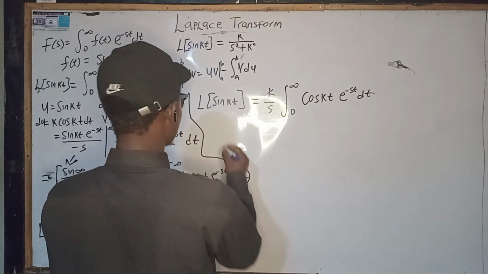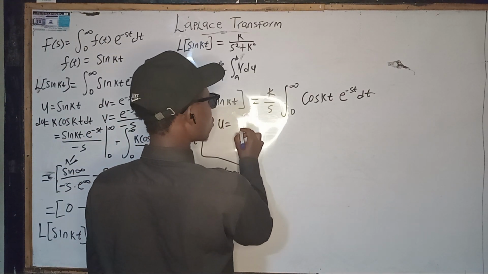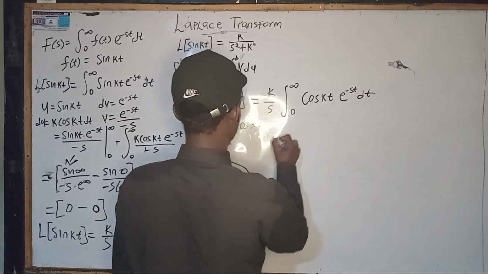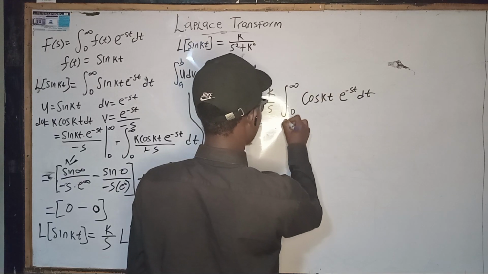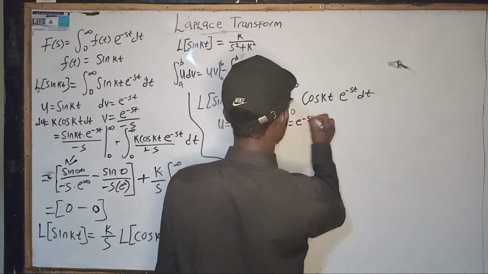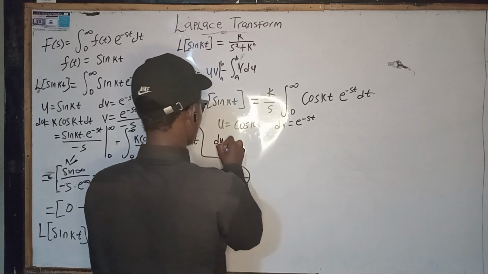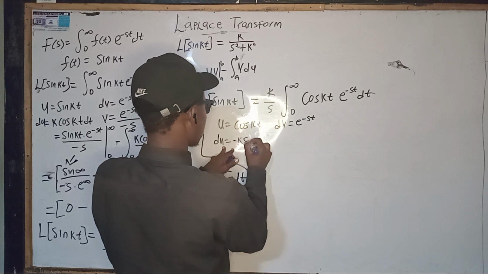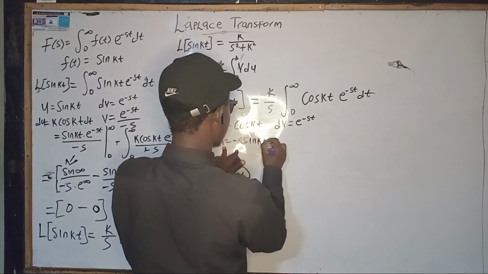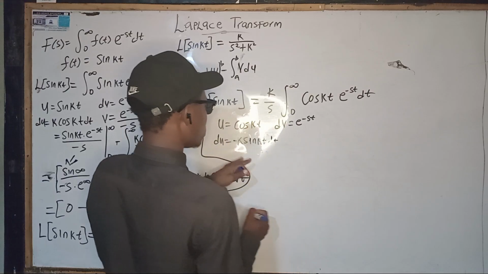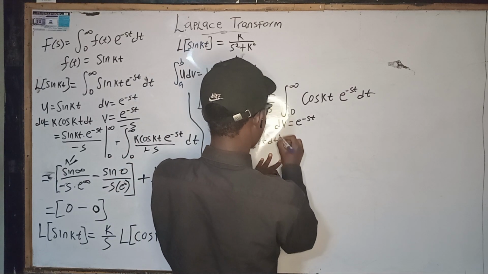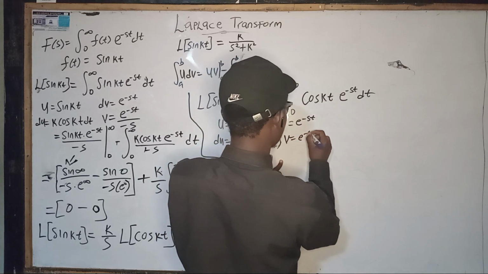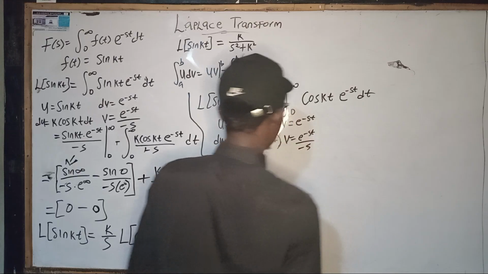We make u equal to cos kt, and dv equal to e raised to the power minus st. That means du, if we differentiate this, is minus k sine kt dt. And here v will be equal to e raised to the power minus st over minus s.